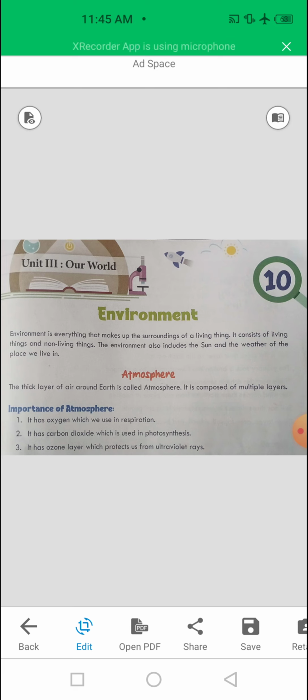Environment is everything that makes up the surrounding of a living thing. It consists of living things and non-living things. The environment also includes the sun and the weather of the place we live in. Students, the environment is made up of both man-made and natural elements.